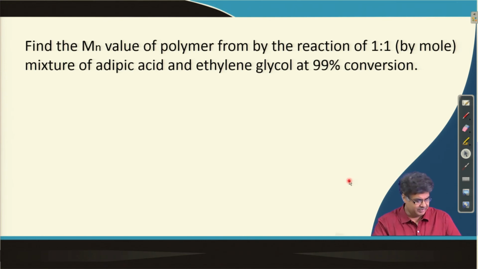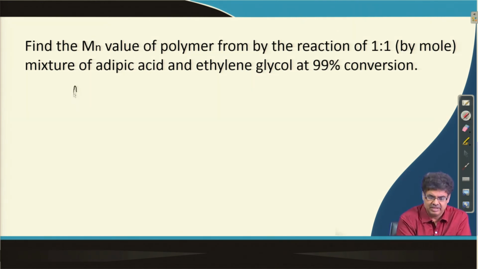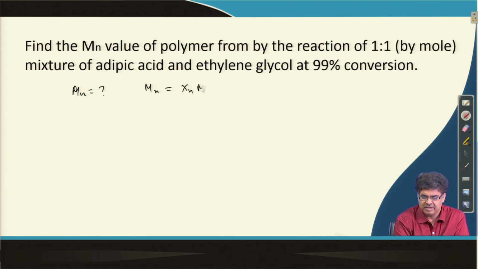Let us give an example. We need to find out the Mn value of the polymer formed by the reaction of 1:1 mole by mole of adipic acid and ethylene glycol. Now, Mn we know is Xn times M average of the structural units plus M of the end groups.